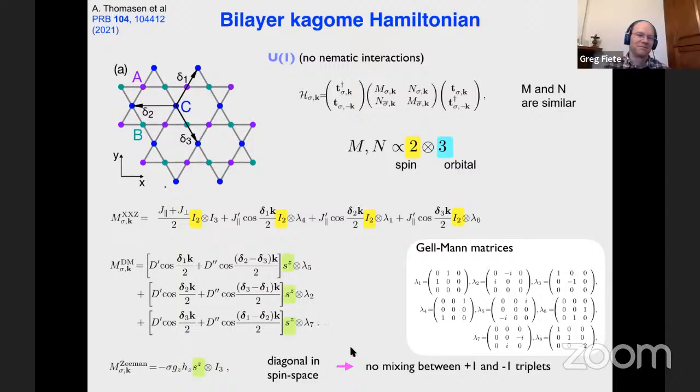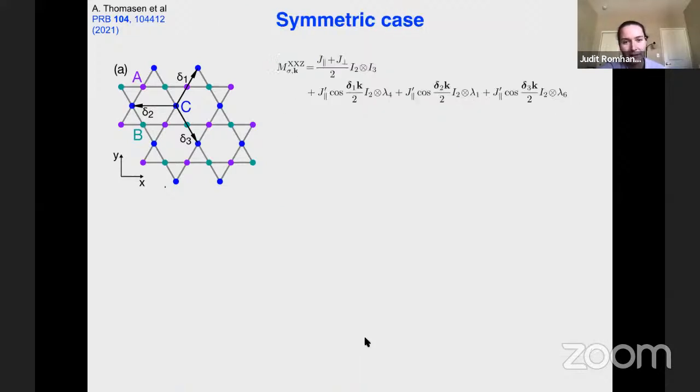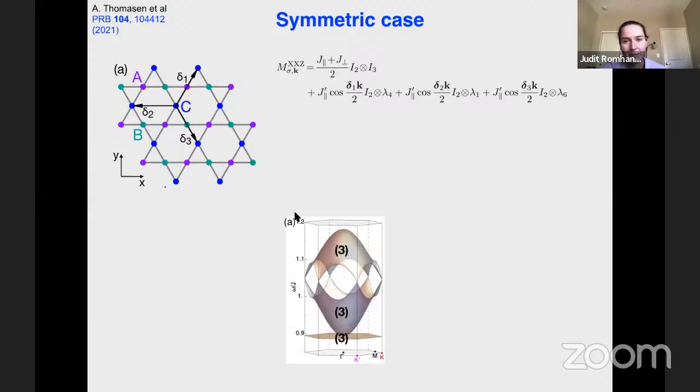So there is no mixing between the +1 and -1 triplets if we just have this U1 symmetric Hamiltonian. Starting with the most symmetric case, the SU2 case, or even in this x-axis model, we would just have these 3 bands for the SU2 symmetric case that are threefold degenerate with the spin index.